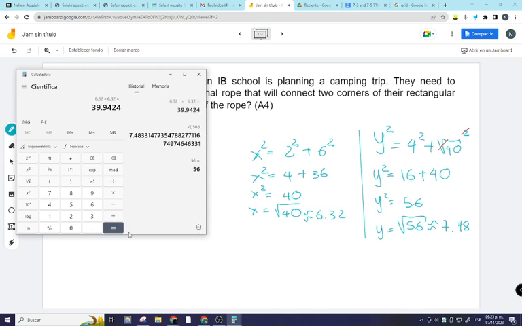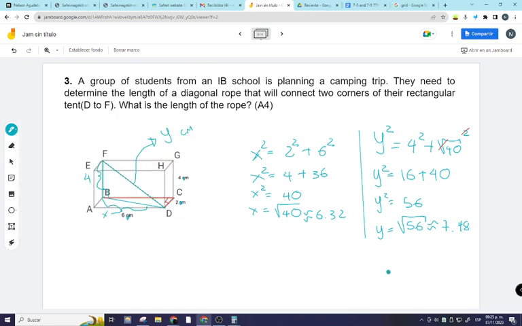You see, it's not 40, it's approximately 40. It's close because it was an approximation. So in the end, we won't get exactly the same. Even though it would be close, it's better to only use approximation at the end. If you are able to have the exact value, use it.